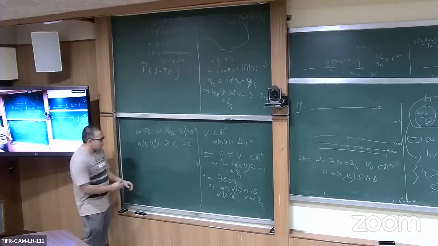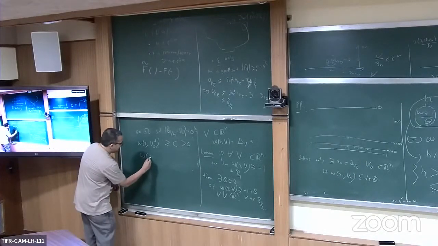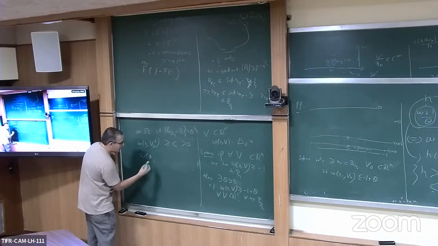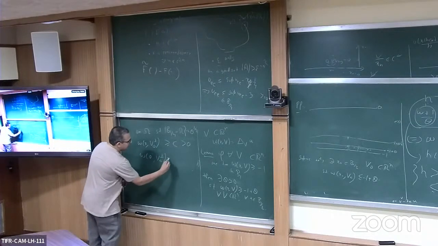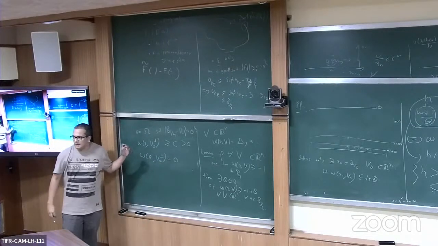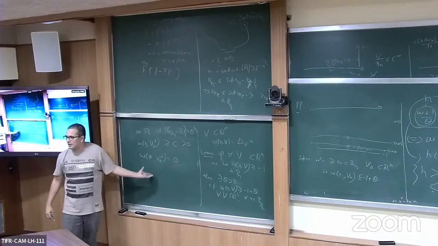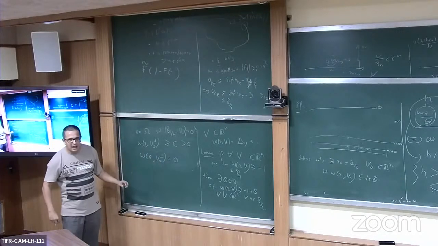At the same time, I also know that W of 0 v naught equals 0. Why? Because the Hessian is 0 at 0. That is normalized.